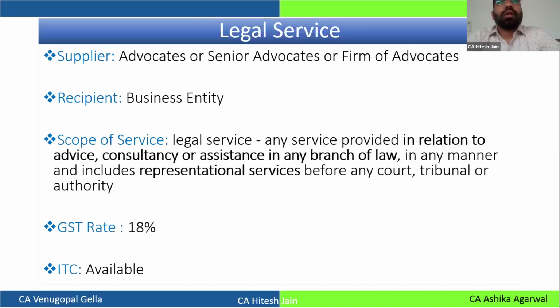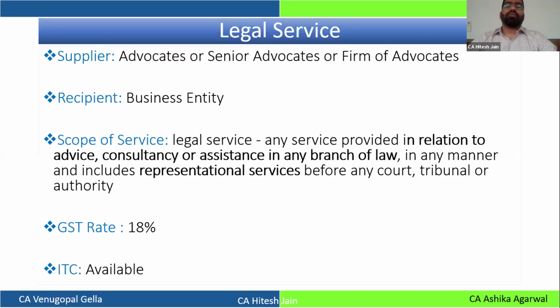Moving to the legal service part. If you have availed any legal service from an advocate, senior advocate, or a firm of advocates, and you being the recipient are a business entity, then you are liable to pay GST at the rate of 18% on reverse charge basis.